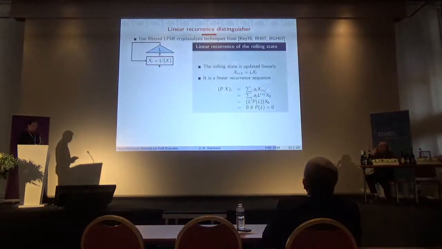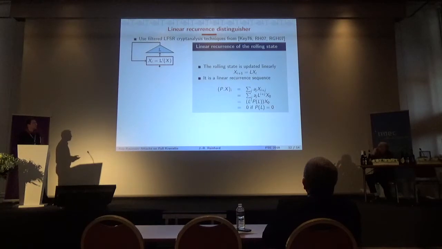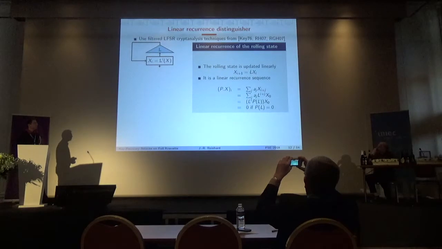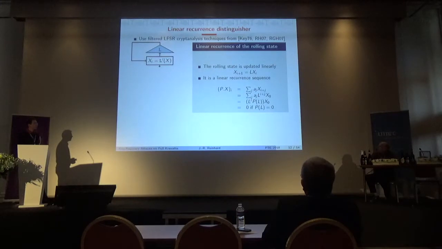So it's pretty straightforward to see that the sequence of xi is a linear recurrence sequence. If you apply any polynomial p on the rolling state, you can derive such an expression. So the ith term is simply L to the power i times p applied to the matrix L times the initial value.